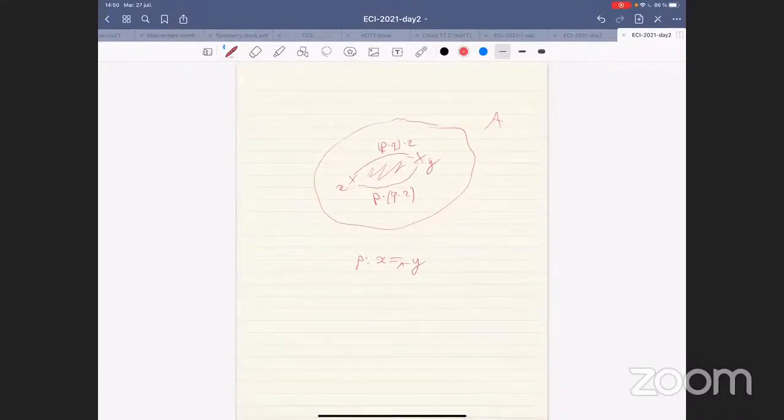In topology, a path is defined as a function from the interval 0, 1 in the sense of the real numbers. So this is a real segment from 0 to 1 with all the real elements in between, that goes to my space A. Okay, so this is called the interval, and a path is defined as a continuous function from this interval to A.